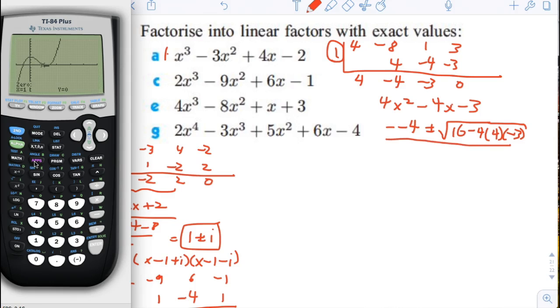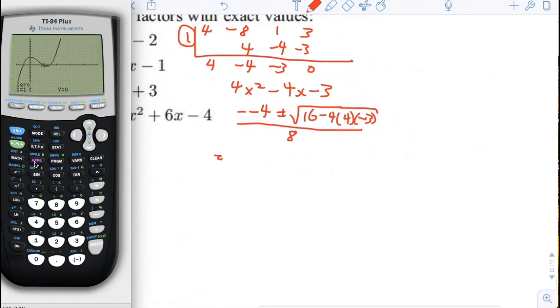Still kind of a mess. The denominator would be 2a, so it would be 8, right? So that would be equal to positive 4 divided by 8, which is 1/2, plus or minus the square root of 16 minus, let's see, 4 times 4 is 16, times 3 is 48, 16 plus 48 is 64, the square root of 64 is 8. 8 divided by 8 is 1.